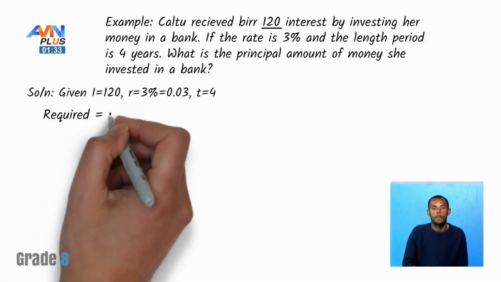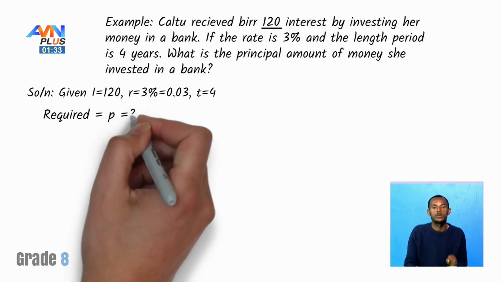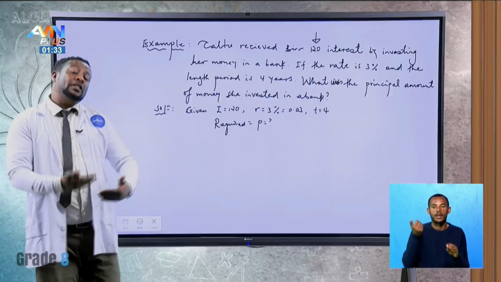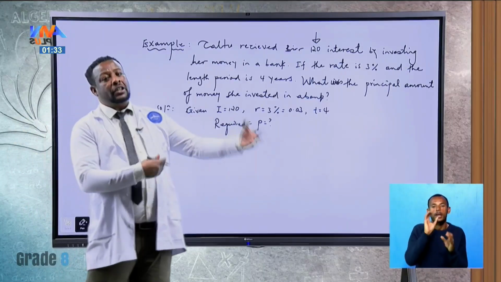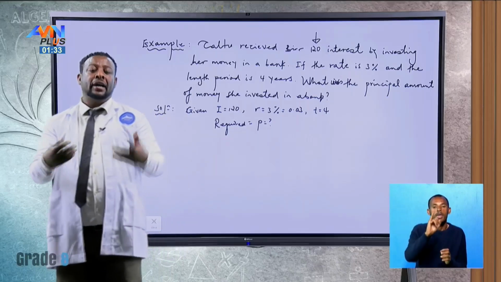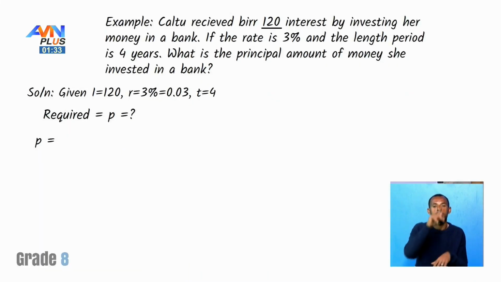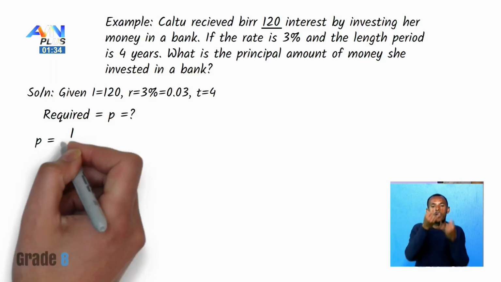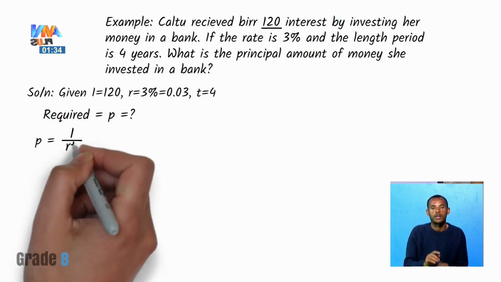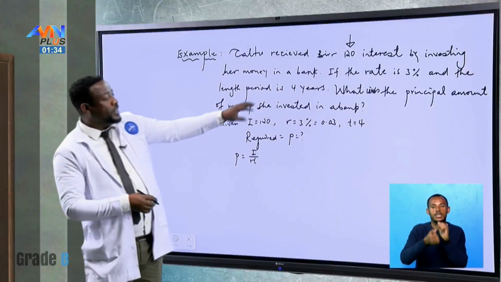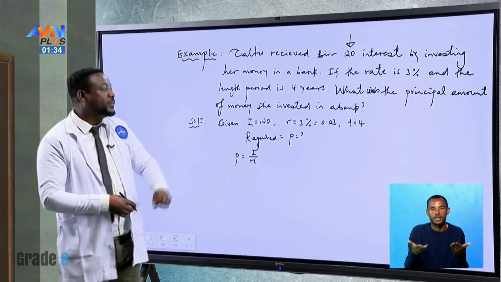Okay, so as we have seen earlier, the principal can be calculated in terms of I, R, and T. We said that principal is I over RT. Now we can directly substitute everything that we have in this formula.